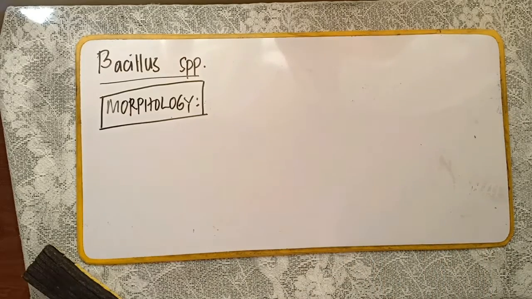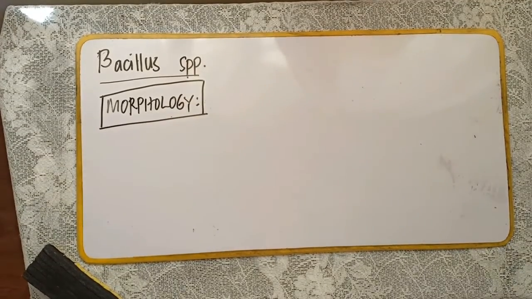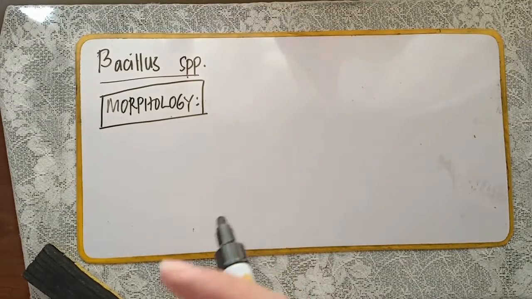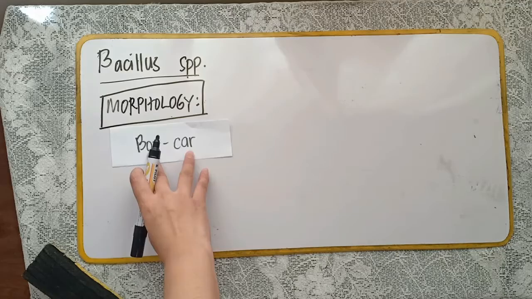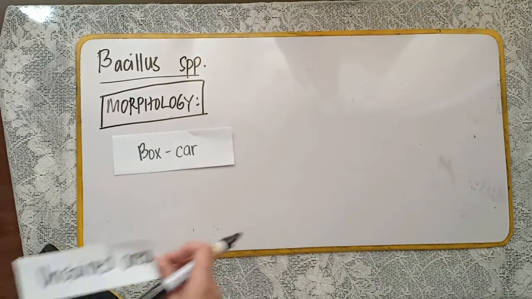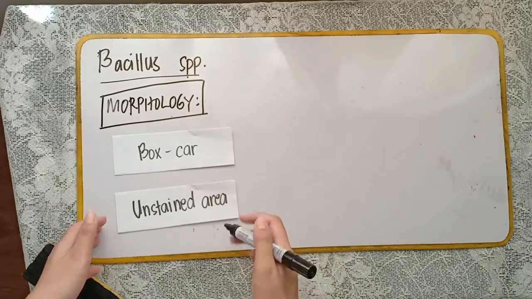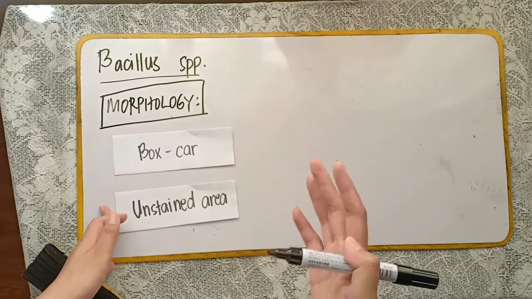Now, morphologically, these Bacillus organisms, when they are being stained with gram stain, they appear to be large boxcar appearance, gram-positive cells with an unstained area. Okay? Now, kung titingnan mo yan under the microscope, by the way, these unstained areas, okay, this is now a representative of the endospore.